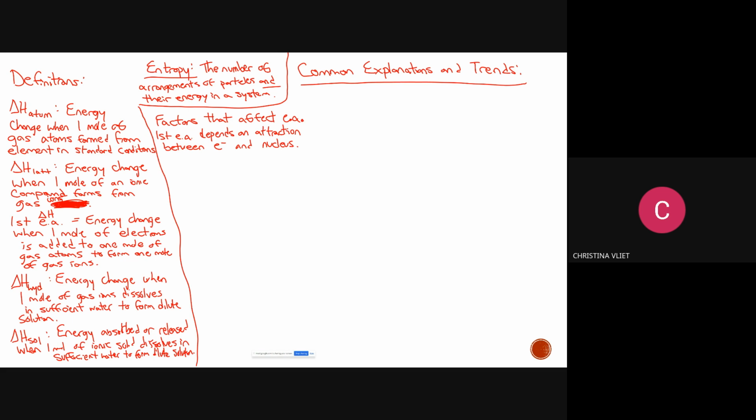And the concept that you need to grasp, and if you grasp this you can use it for other explanations as well, is the stronger the attraction between the nucleus and the electron, the more energy is released. So stronger attraction is favorable, so more energy released, which is more exothermic. So more negative is the idea.